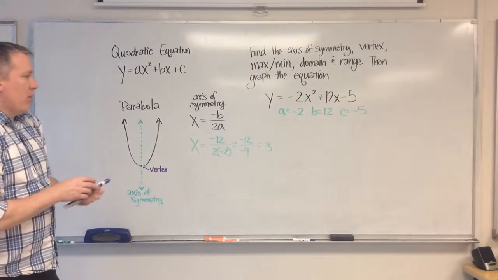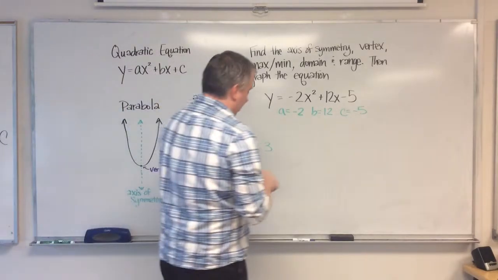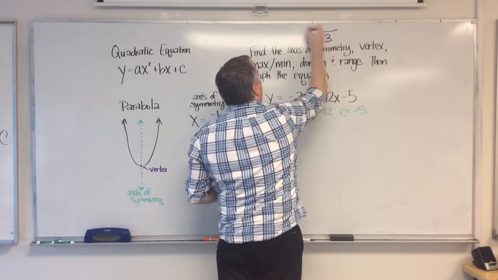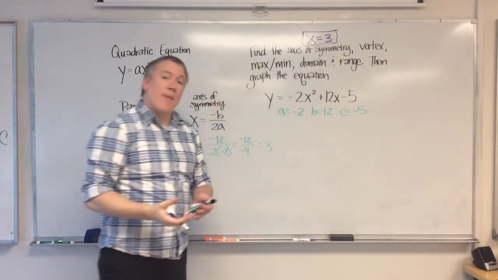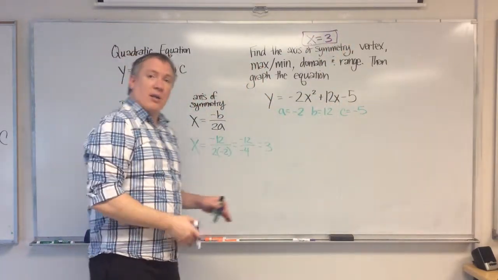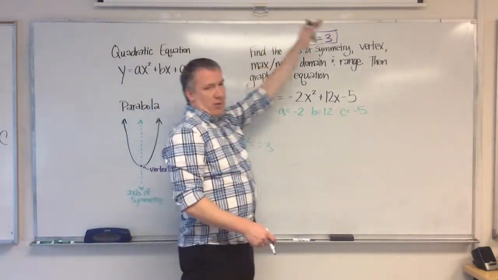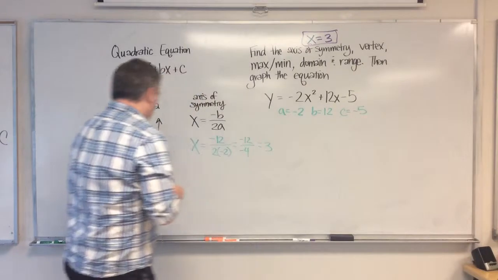My answer for the axis of symmetry is x equals 3. Not just 3, because 3 is a number. We need a line, so we need an equation. The axis of symmetry is x equals 3. That is the answer.